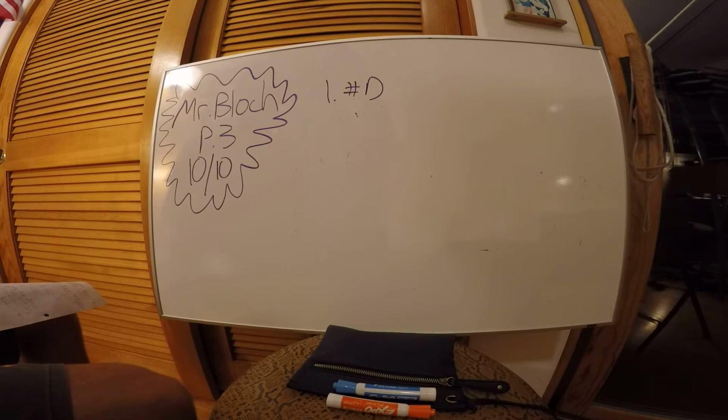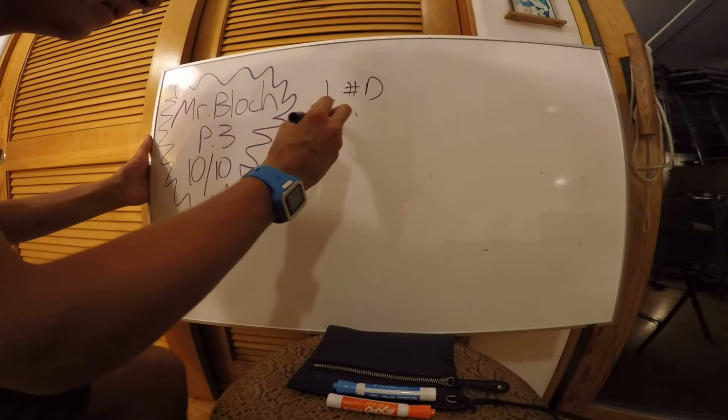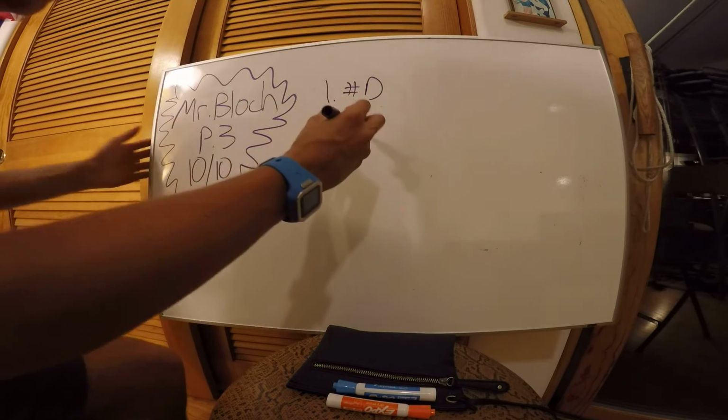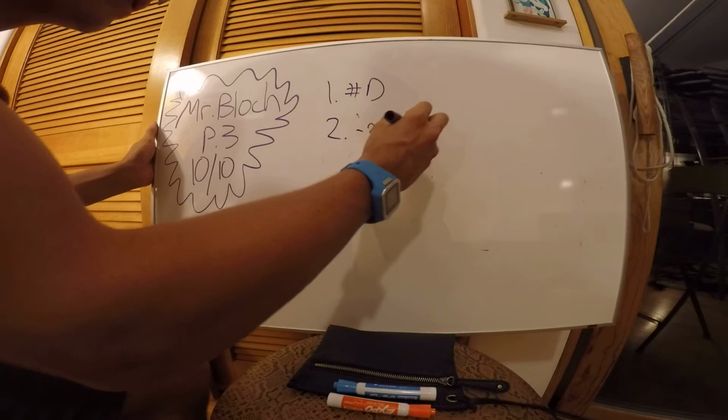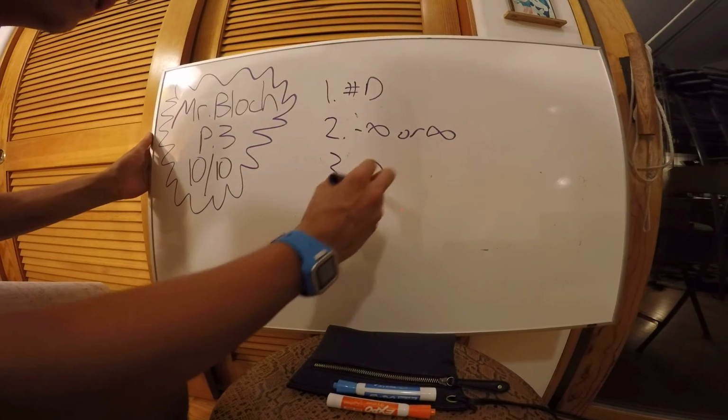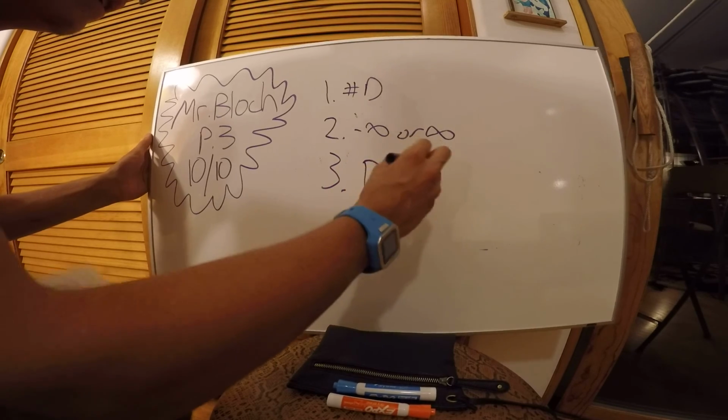Some people make that mistake. I don't know why, but I've done it in the past, so don't do that. The next could be a negative infinity or an infinity. Finally, we can have does not exist.